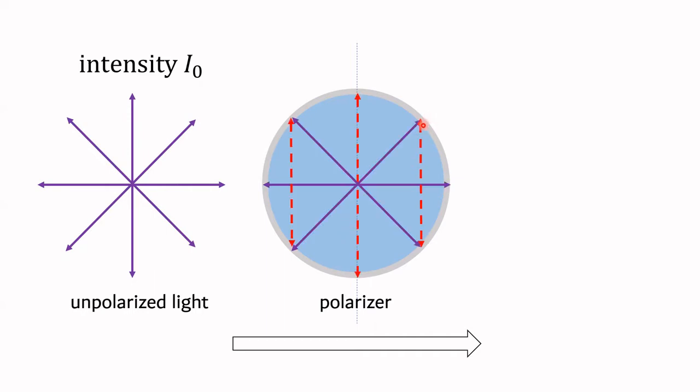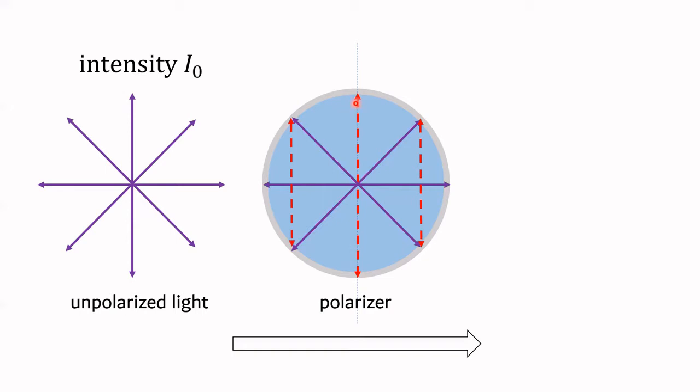So first let's look at just one half of this vector. I'm looking at this half, and I find that this is its projection onto the polarizer axis. If I look at this half, I see that this is its projection onto the polarizer axis. I can make the same argument for this one as well. And this entire vector is already parallel to the polarizer axis, which is why I've drawn its component as is.